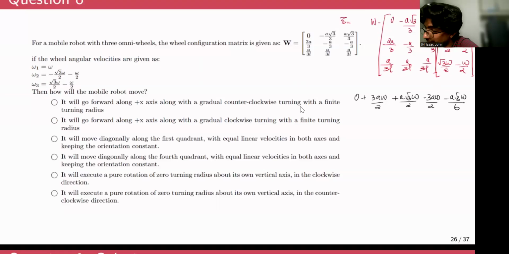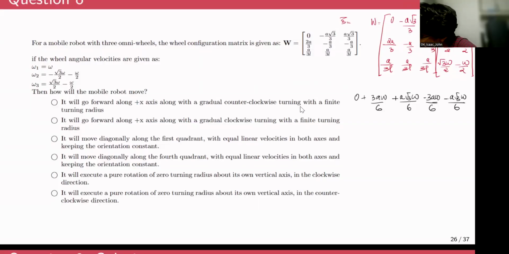Unless I am very much mistaken, I think this term is 6. All the terms are 6 actually, because there's a 3 and a 2 over here, so that becomes a 6.